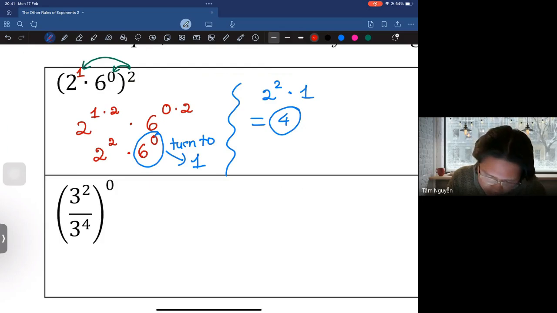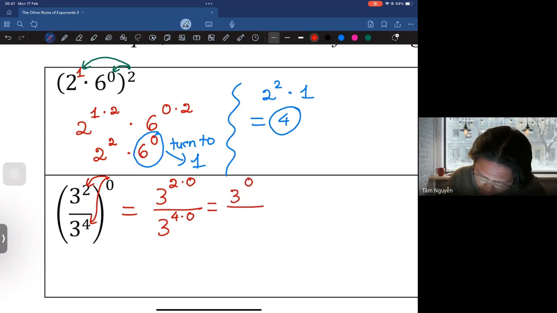Similarly for the second problem, I'm still going to distribute the 0 between the parentheses. So what we have is 2 to the power of 2 times 0 on top, and 3 to the power of 4 times 0 at the bottom. So 3 to the power of 0.